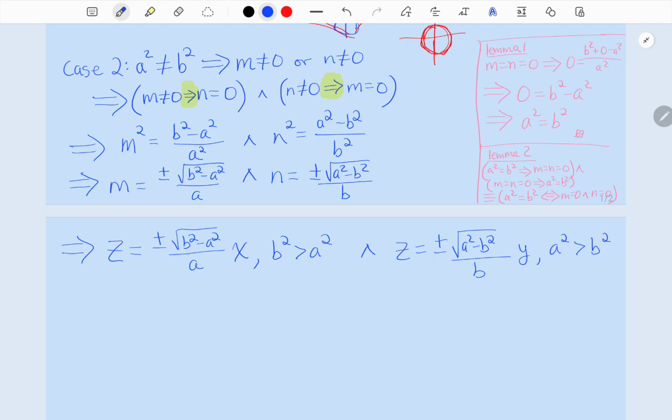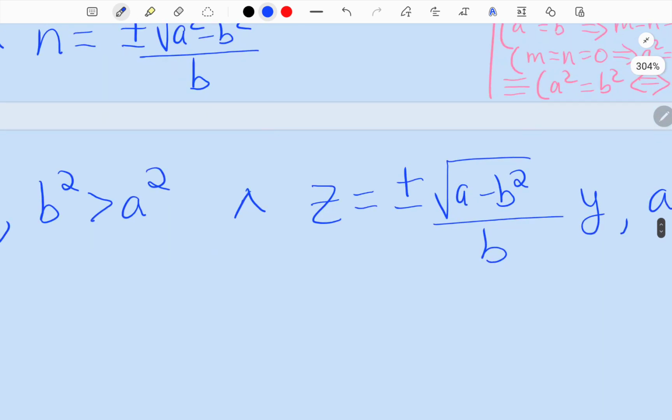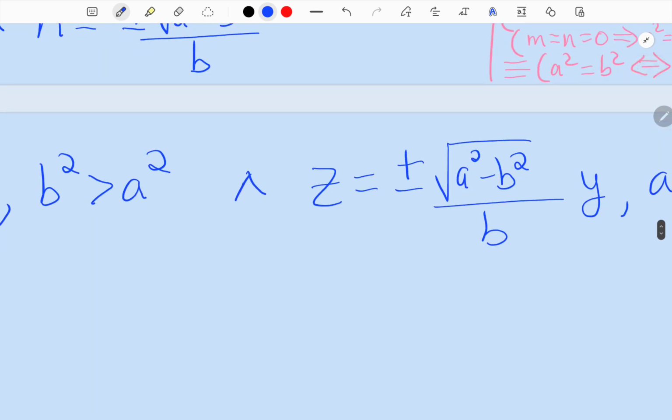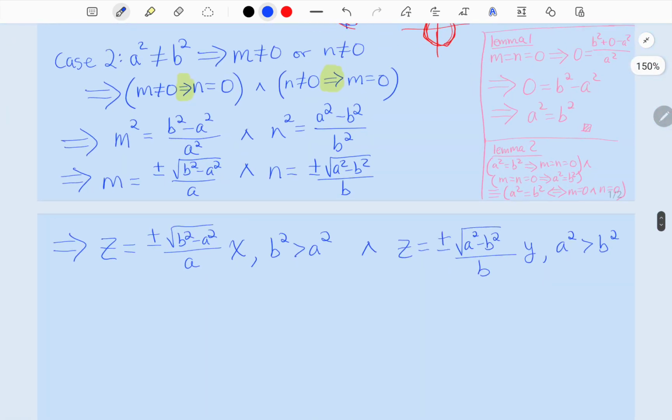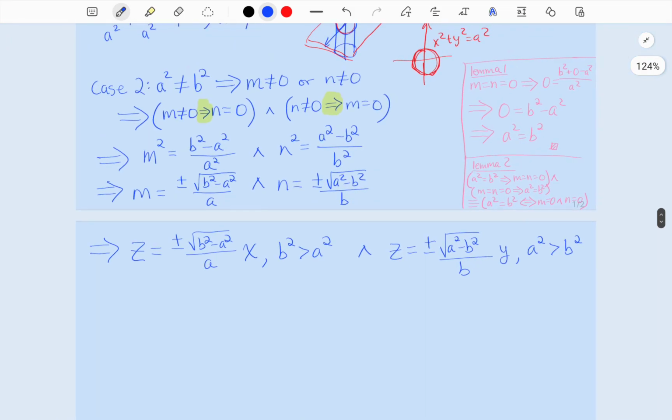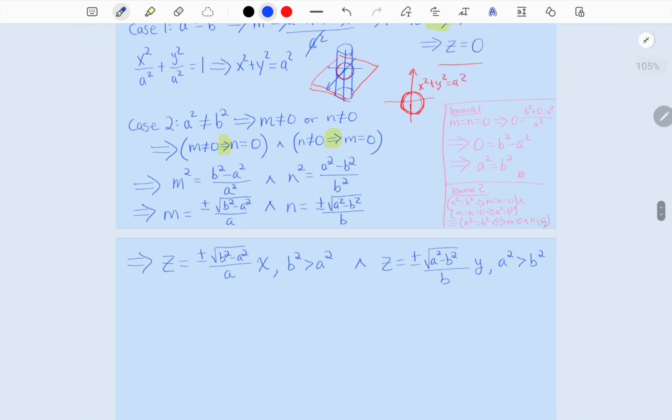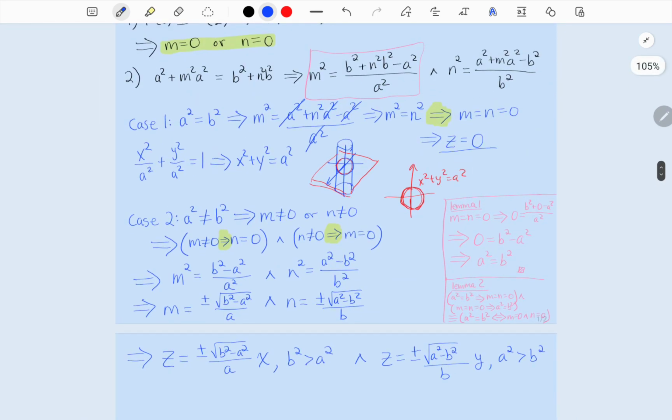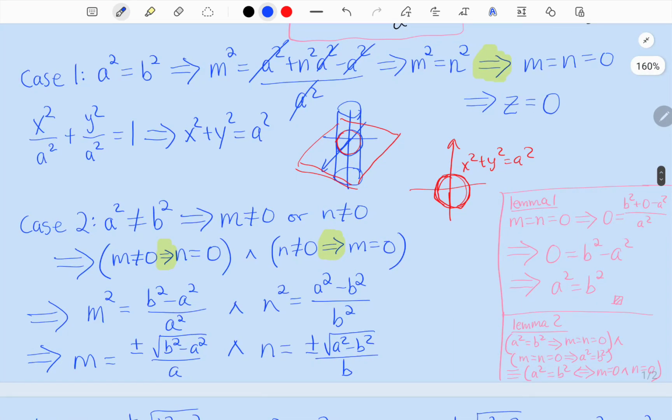Or else, if it's smaller, then this is going to be negative. And if it's equal, then you're just going to get 0. So if a squared is equal to b squared, notice that you get z equal to 0 for both, which we have already done over here.